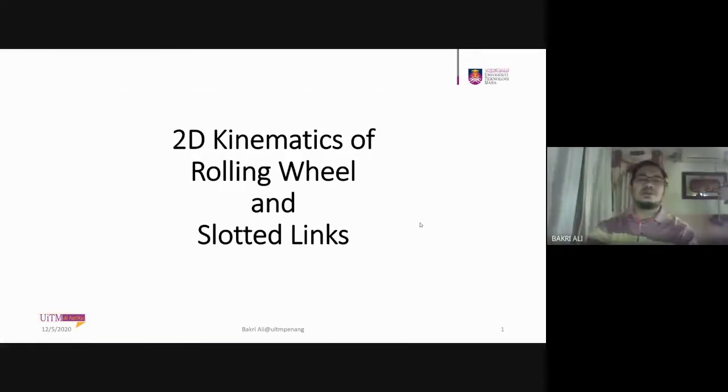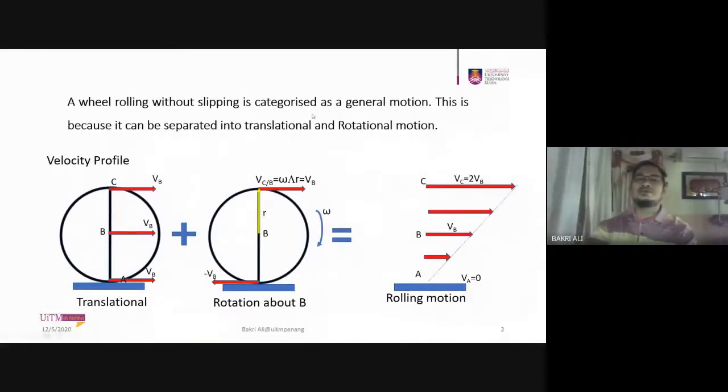A rolling wheel is actually categorized as a general motion. We have already learned about general motion, but this is quite special, so we need to go deeper on this rolling wheel motion.